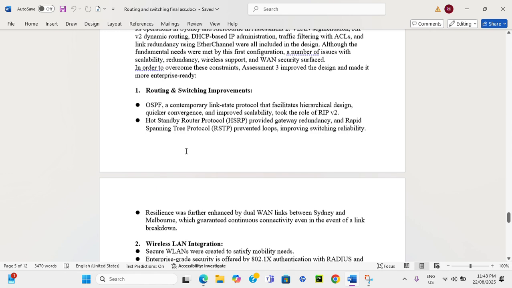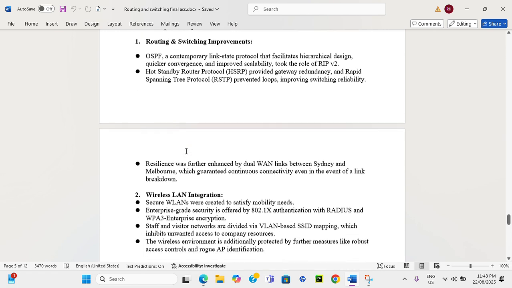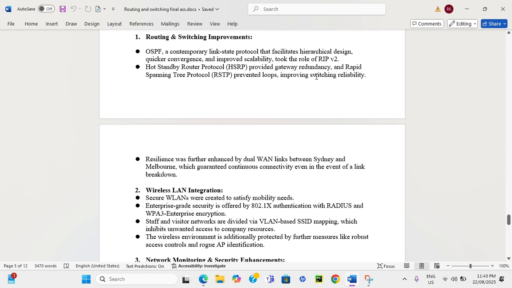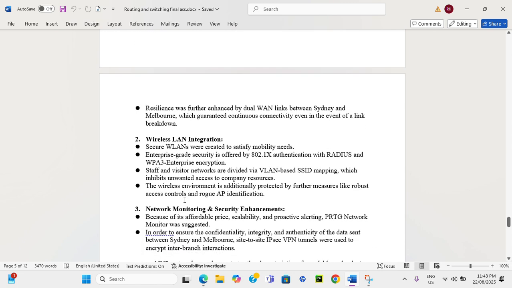Reliability is increased through redundancy, using dual WAN link, EtherChannel, and HSRP.